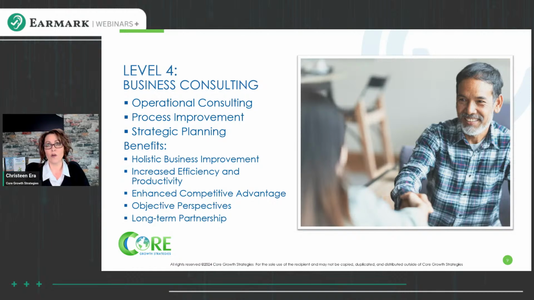So I just want to go over a couple pitfalls as you move into this. Pitfalls include the misalignment with client objectives. So this can happen if you don't have that reliable data, if you don't have the insight of how they run their business or where their problems are in the operations of the company.